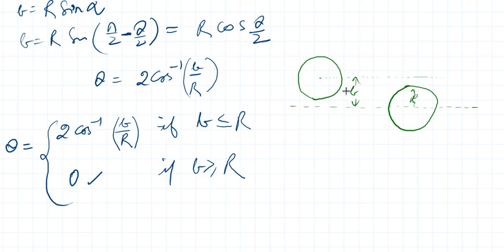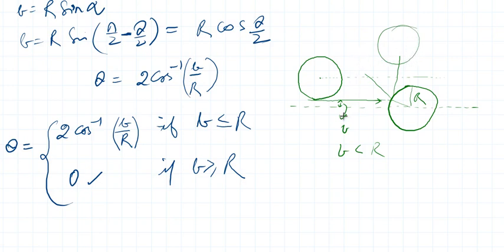Now this distance B is less than this R. So if it will hit it here, then it will bounce in this manner, and it will go in this direction.